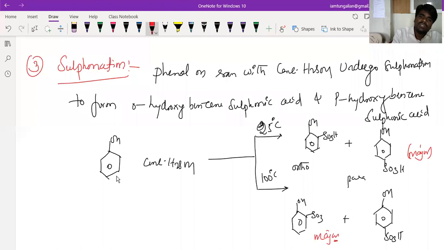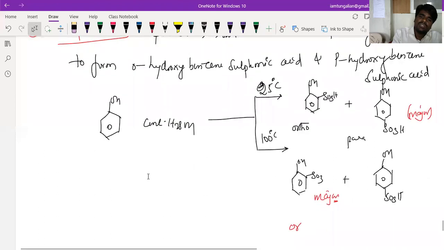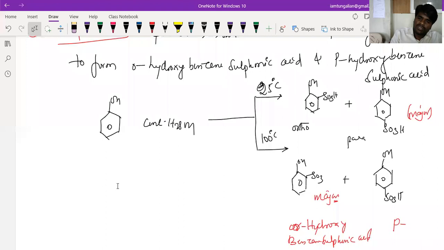Temperature will decide this reaction. Here, this is the ortho hydroxy benzene sulfonic acid, and what about this, beta? This is the para hydroxy benzene sulfonic acid. This is temperature control of the reaction.